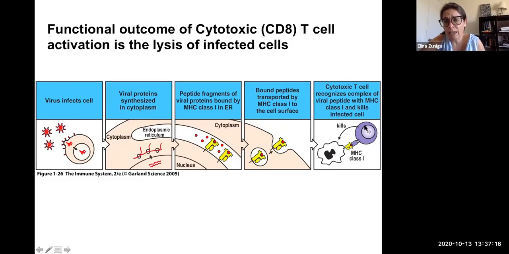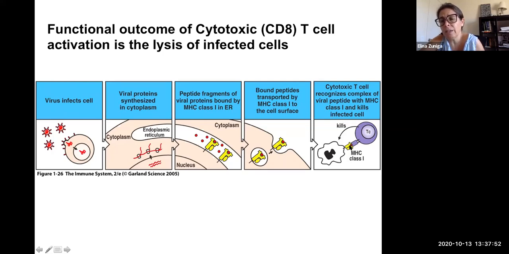Now the effector cytotoxic T cells, the ones that have already been activated, proliferated, and differentiated into effector cells that have acquired the capacity to exert their function, in this case to kill, will go to the tissues, and in the tissues will be able to recognize the infected cell, because they will be able to see the peptides from the pathogen presented in MHC class I molecules, okay?